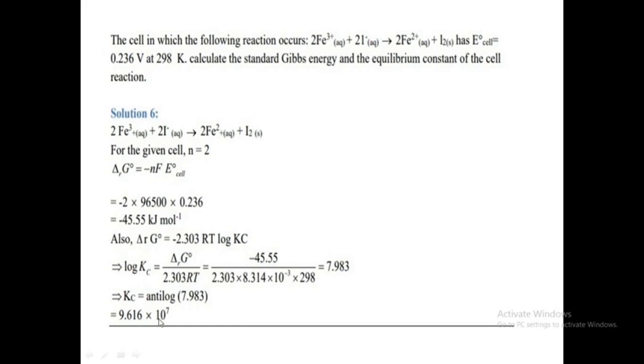So for Kc we have to take the anti-log, and after taking the anti-log the value of Kc is 9.616 into 10 to the power 7. So in this question we have learned how to determine the standard Gibbs energy when the value of E naught cell is given, and similarly the equilibrium constant when the value of delta G naught is given.